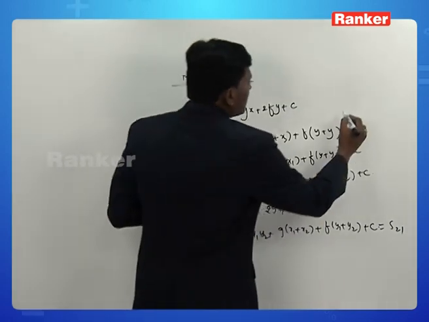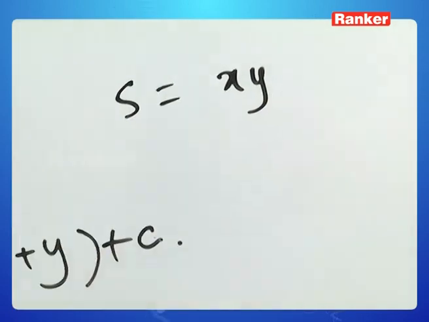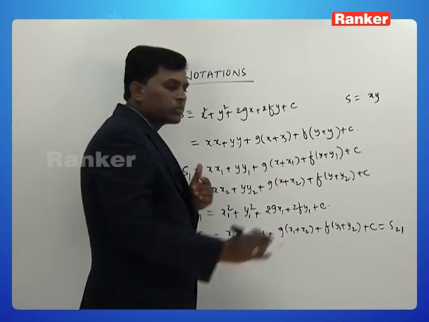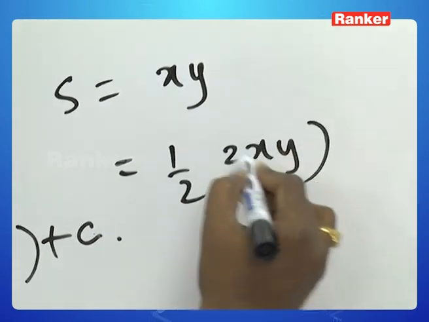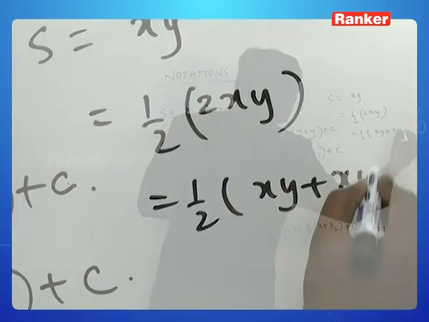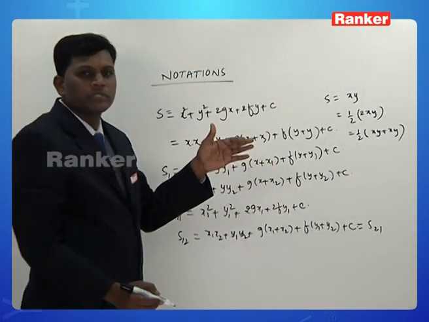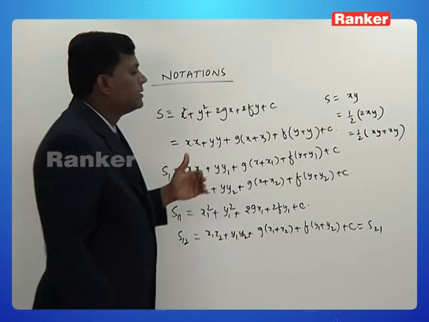If you are taking S as xy, write this xy as half into 2xy, and that 2xy is written as xy plus xy. We follow a slightly different procedure for this compared to other cases, which is why I am writing it separately.